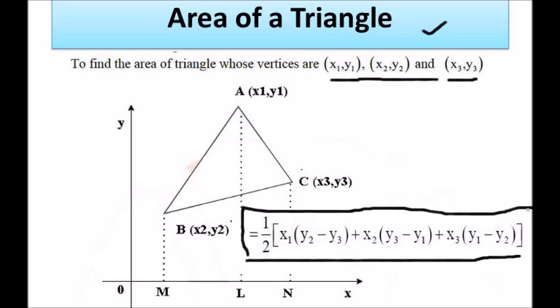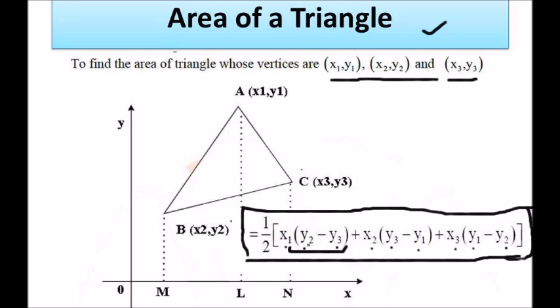So here you just notice that first the point x1, then inside the bracket 2 y coordinates, that's y2 minus y3. So x2 and inside the bracket y3 minus y1, and x3 into y1 minus y2. So whatever the x value, then the remaining two y values should be in the bracket. That's a simple way.